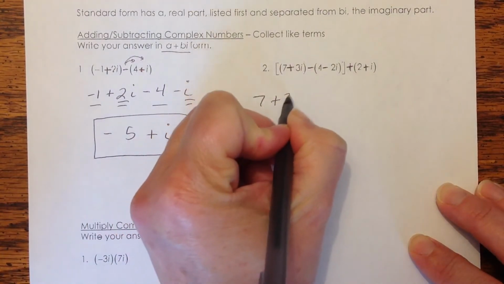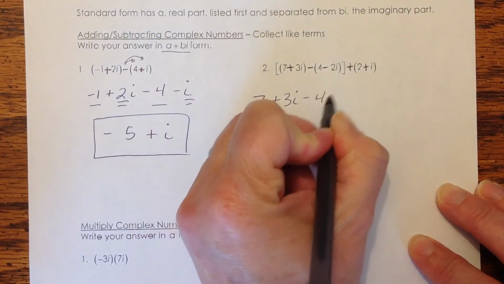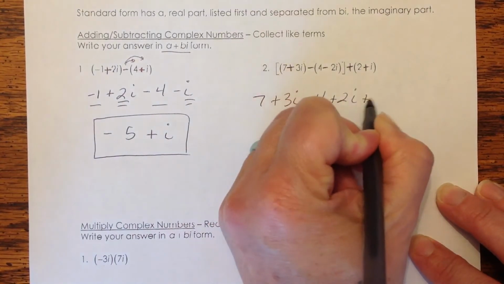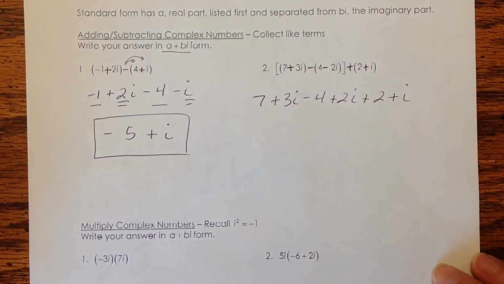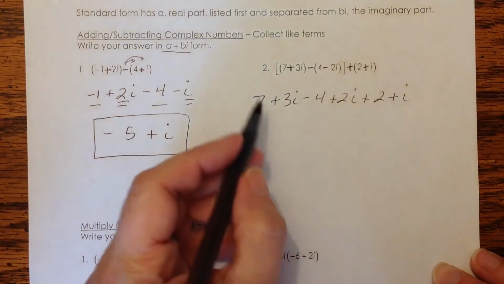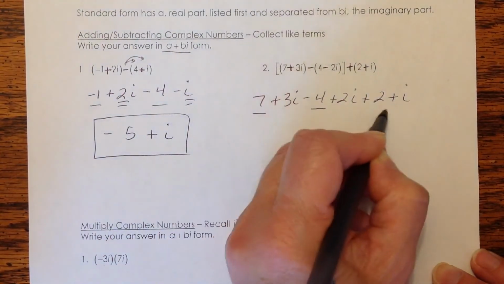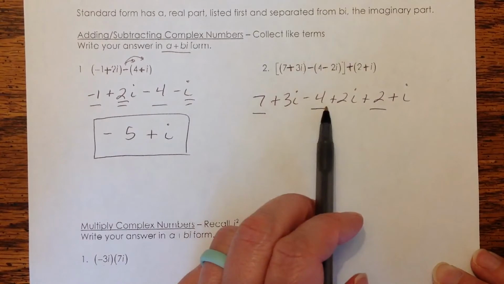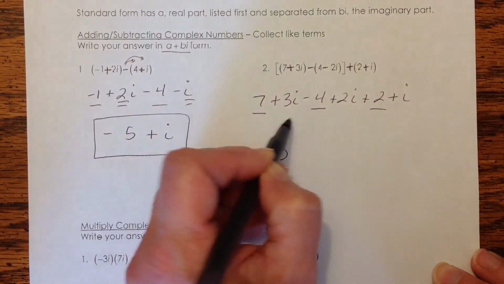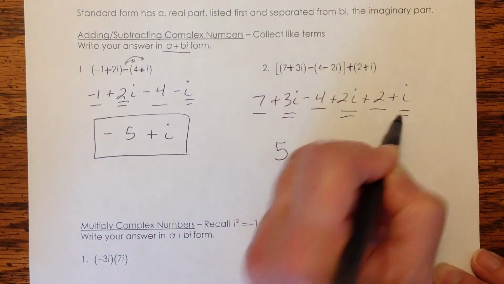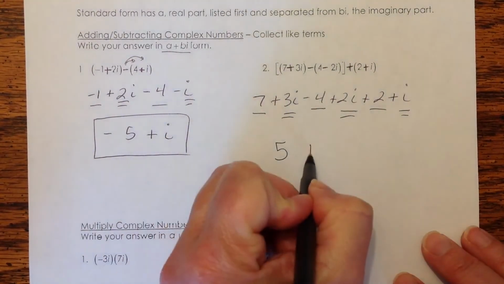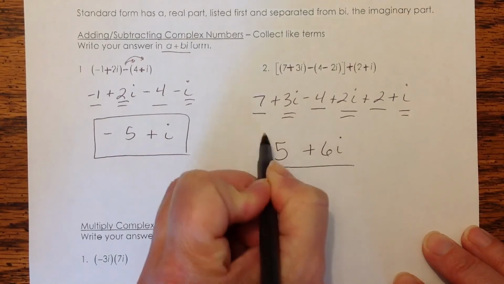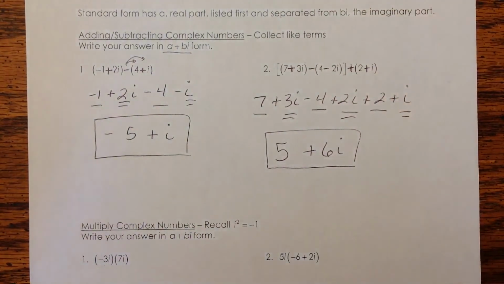So I get 7 plus 3i minus 4 plus 2i plus 2 plus i. And then I want to combine first those values that have no i with them. So I want to combine 7 minus 4 and 2. So I get 5. Then I want to take the expressions that have the i with them and combine them second. So I get plus 6i. And that would be my complex number.